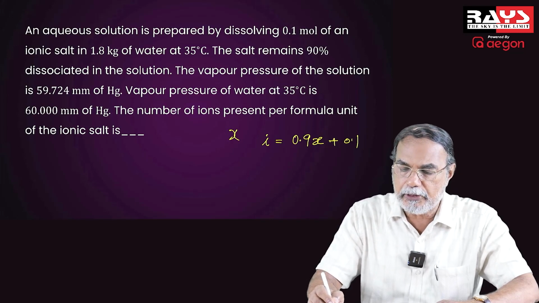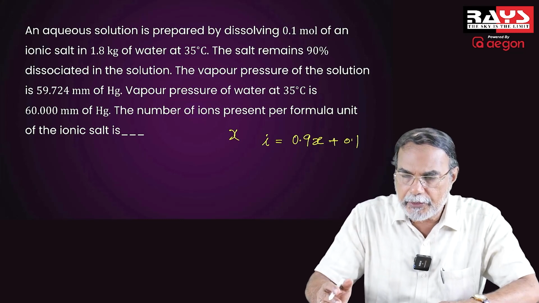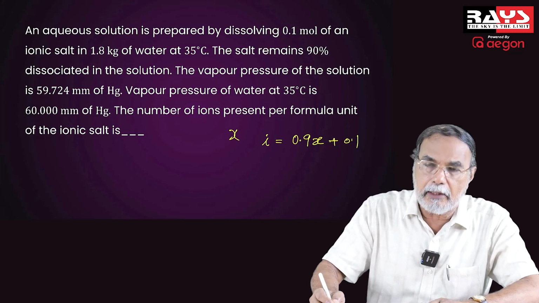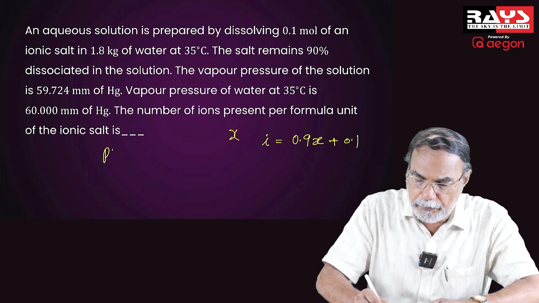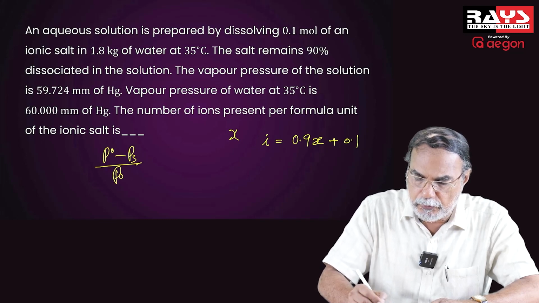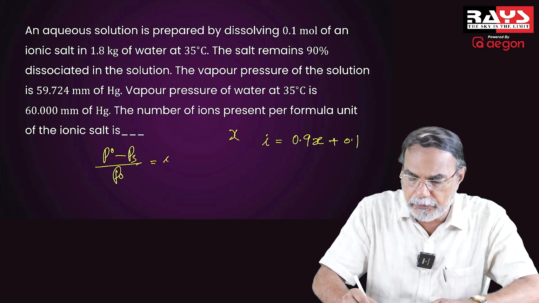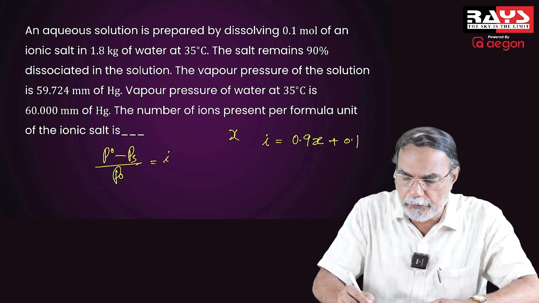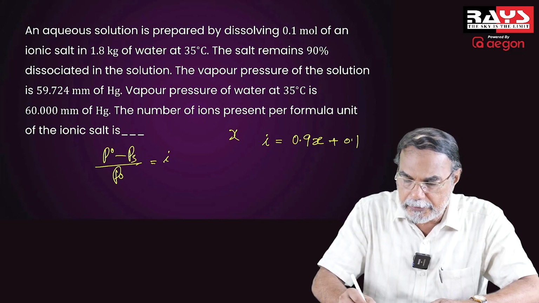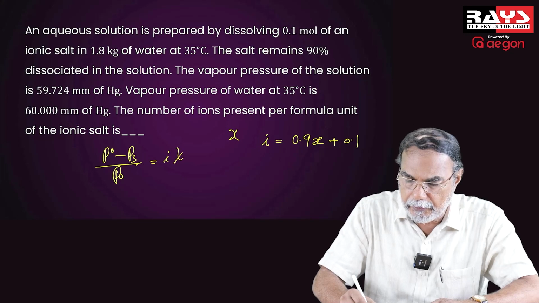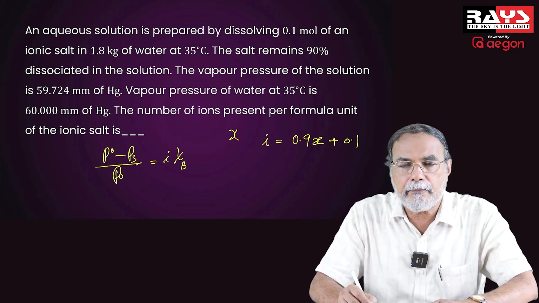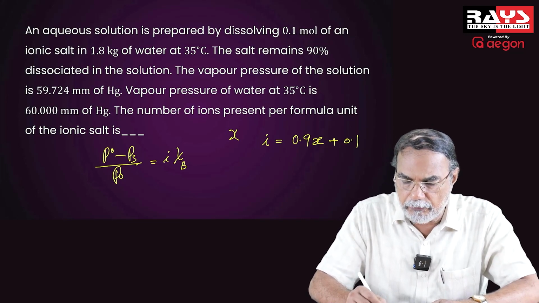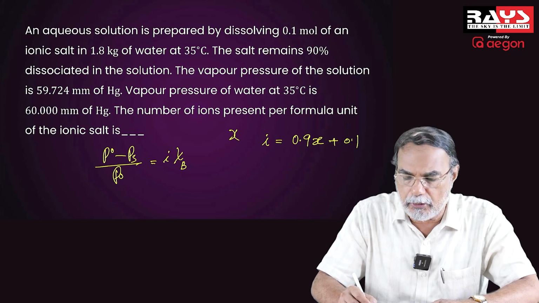And in the case of a solute which undergoes dissociation, considering also the Van't Hoff factor, the Raoult's law for a dilute solution may be written as (P0 minus Ps) by P0 is equal to i into the mole fraction of the solute, that is i into chi B. If B is a solute, chi B is the mole fraction of the solute, then relative lowering of vapor pressure is equal to the Van't Hoff factor multiplied by the mole fraction of the solute.